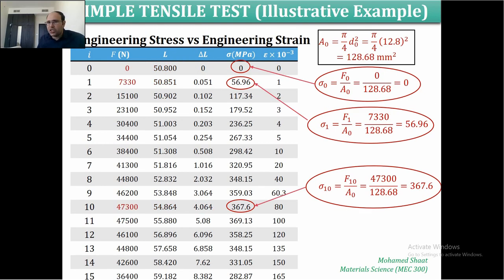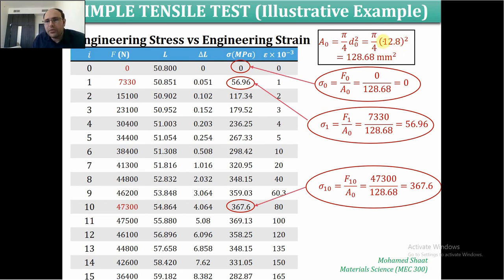Simply, the engineering stress, as defined, we should divide every force over the original area. So you're gonna calculate the original area once, which is gonna be pi over 4 times the diameter squared. Which diameter? The original diameter, before applying any force, which was given to us as 12.88.